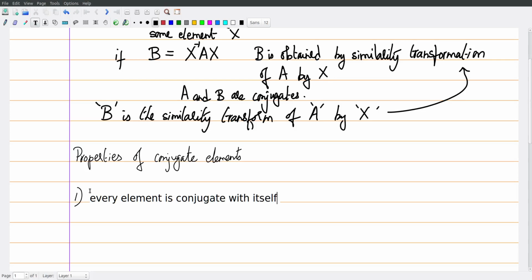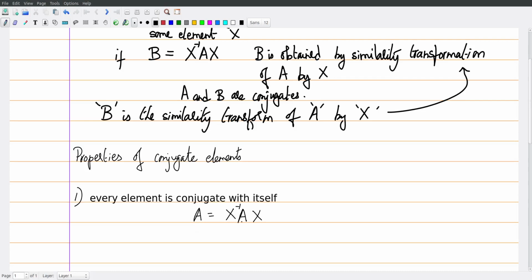Okay, so what does this mean? If there is an element A, then we should be able to find another element X with which, if you do a similarity transformation, you should get A itself. So that's what it means.